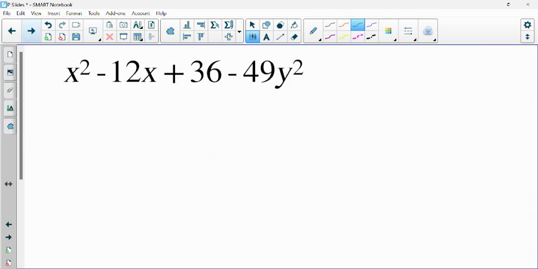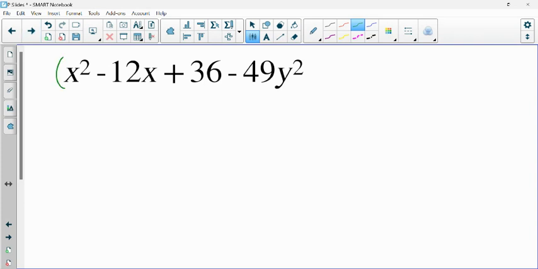Okay, here's another one. x squared minus 12x plus 36 minus 49y squared. So in this case, we don't have to move anything over because the y squared one is already at the end.